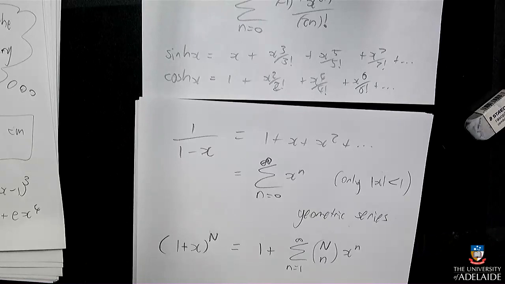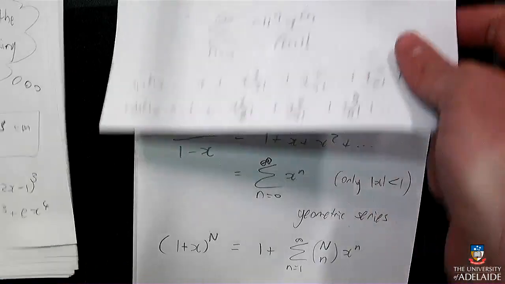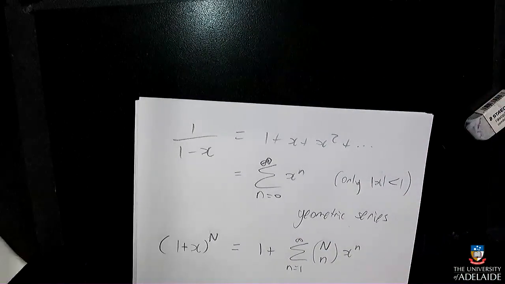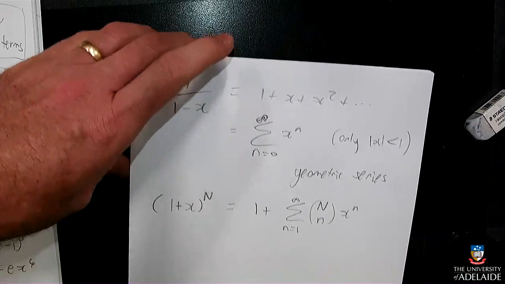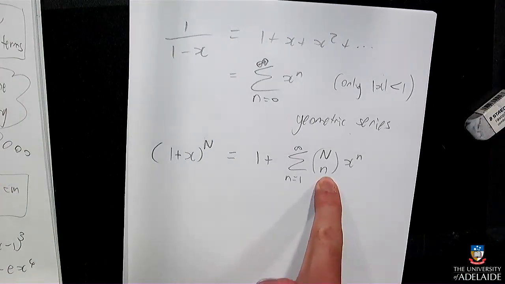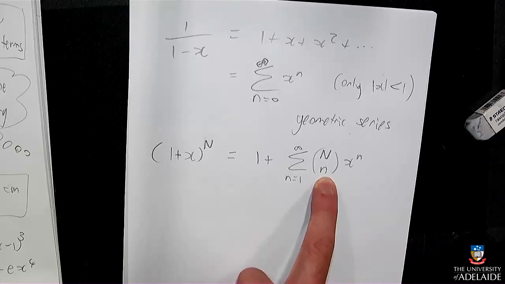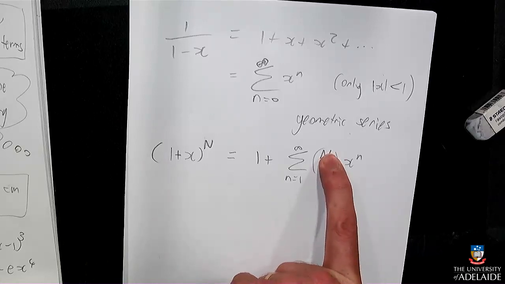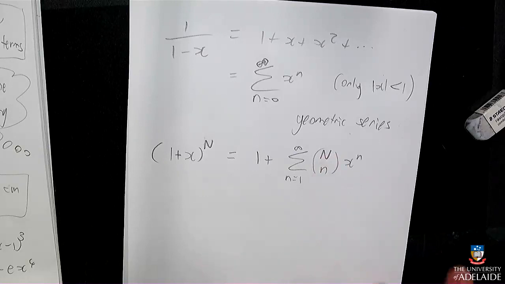Okay? This needs talking about. So this symbol is read aloud officially as the binomial coefficient, the little nth binomial coefficient for big N. Okay, so it's the binomial coefficient with big N and little n.